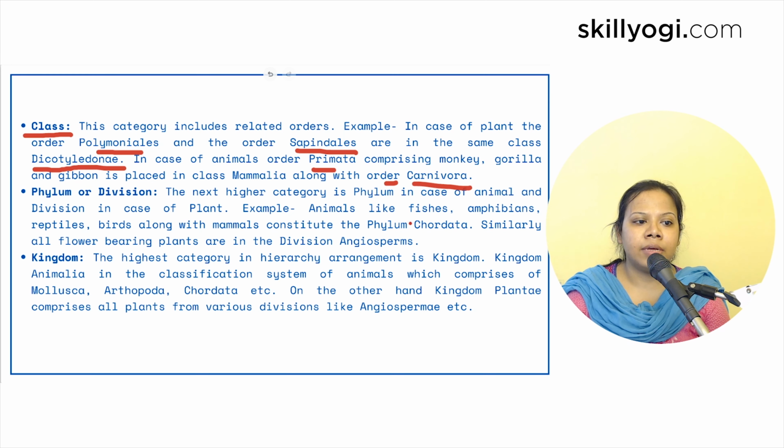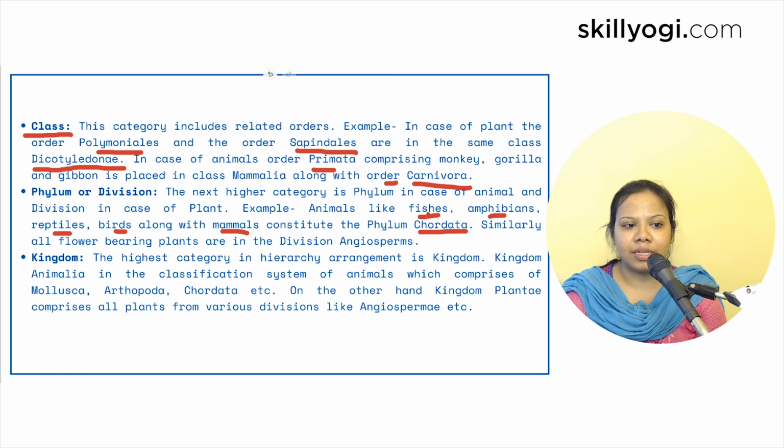Animals like fish, amphibia, reptiles, birds, mammals are in the same phylum, that is Chordata. Phylum is Chordata, and in Chordata different classes like fish, amphibia, reptiles, birds, mammals are present.